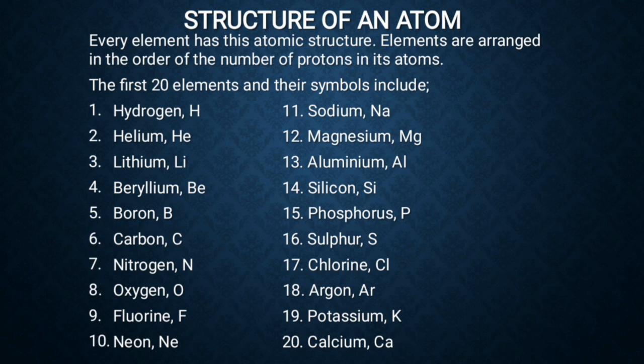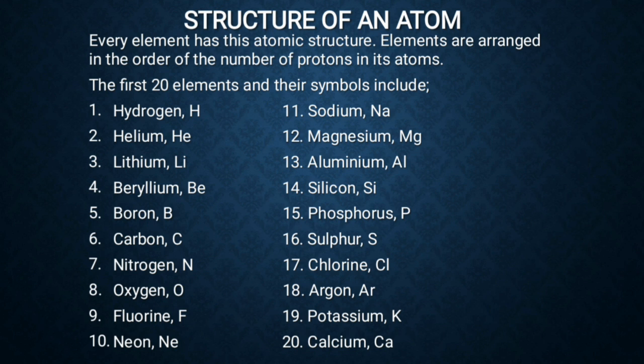In helium atom, there are 2 protons. In lithium atom, there are 3 protons. Like that, you continue. Take for example sulfur. Sulfur is an element, but in sulfur atom, there are 16 protons, up to 20. That's calcium. Calcium atom has 20 protons.